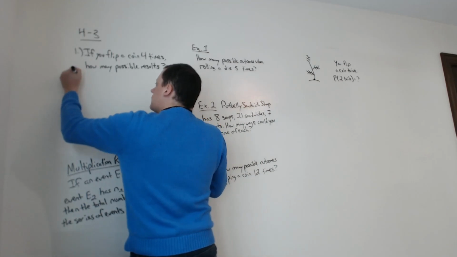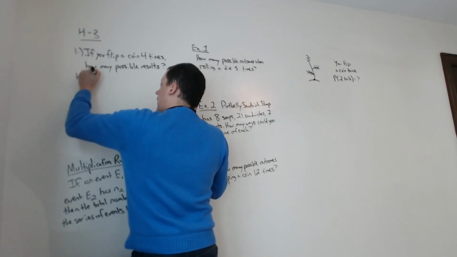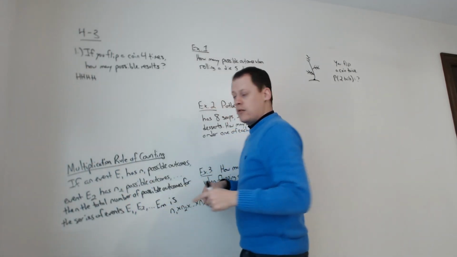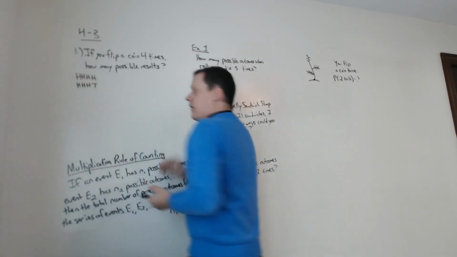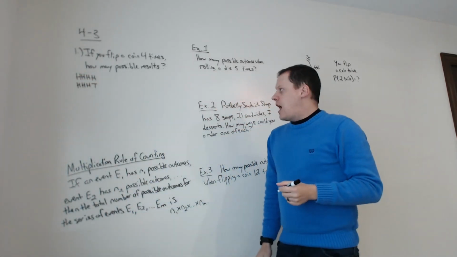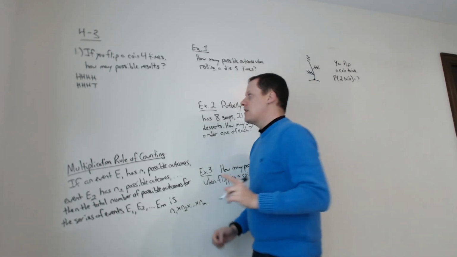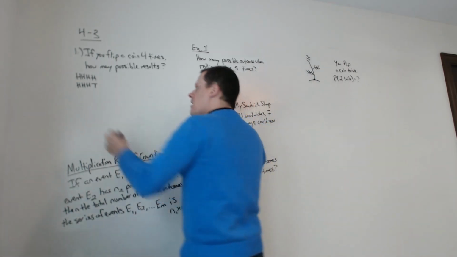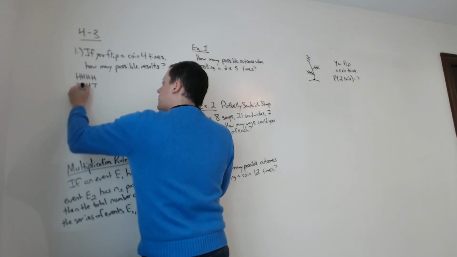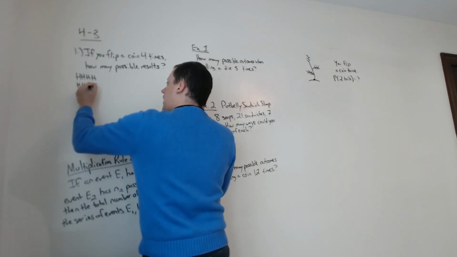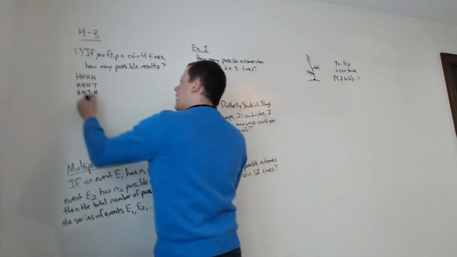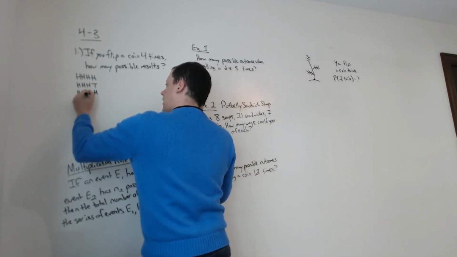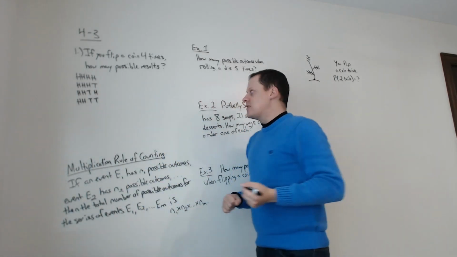You could get 4 heads, 3 heads and then a tail. I'm going to try and be systematic about this as much as possible so I don't miss any. You get the first 2 heads and then tails, heads. Heads, heads, tails, tails.